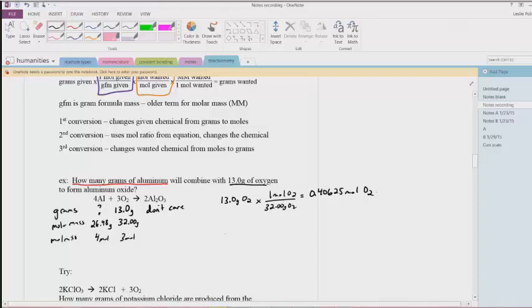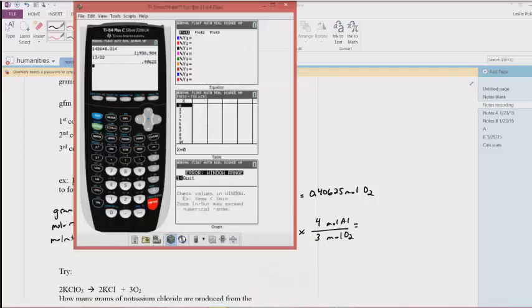Okay. Now, using the coefficients from the balanced equation, like we did in the last section, we'll take that number times 4 divided by 3. 0.5417.